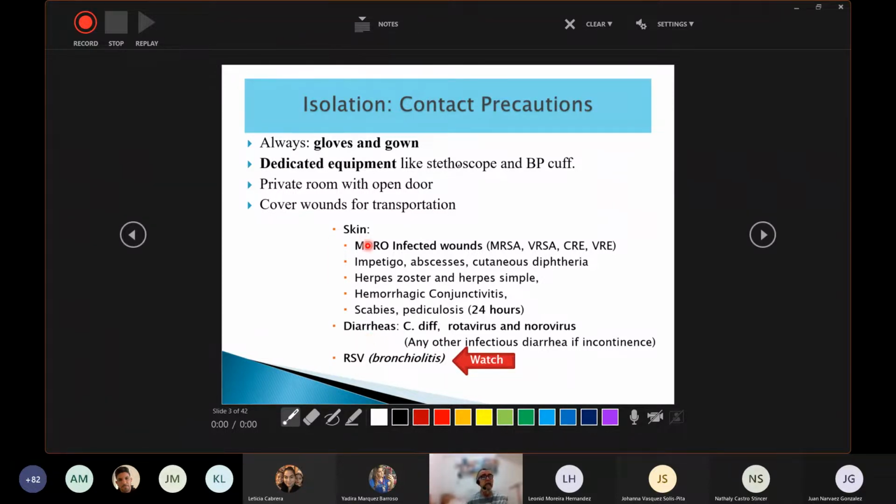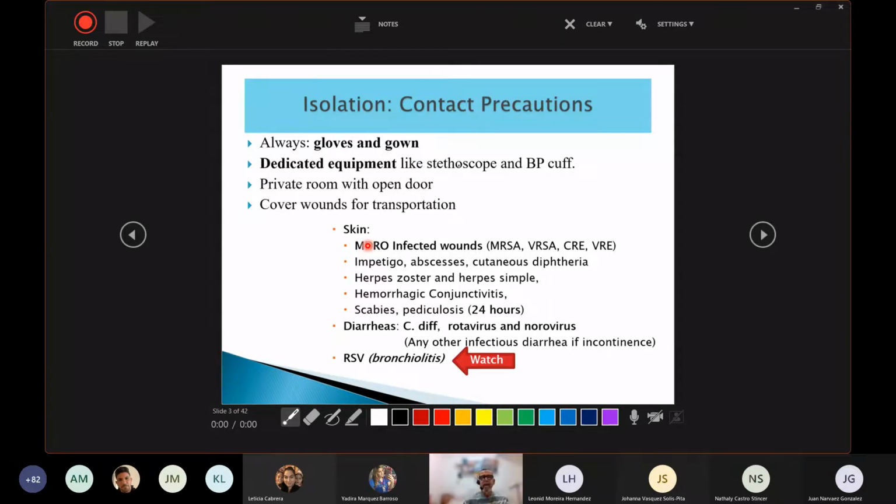The skin, I always think that the most common reason of placing a client in isolation is a wound in the skin, frequently surgical wounds that are infected with bacteria acquired in the hospital that are super resistant to the antibiotics.